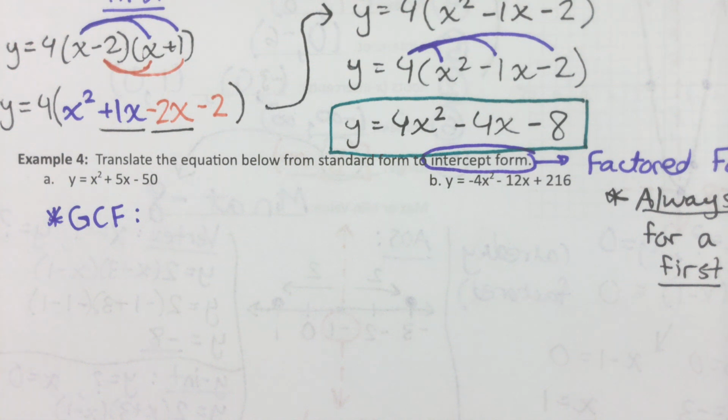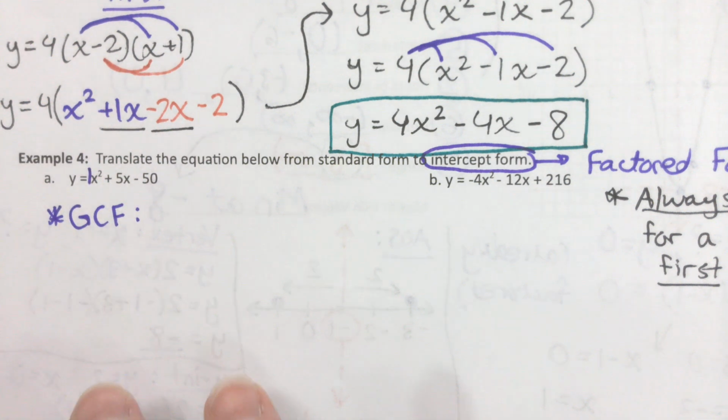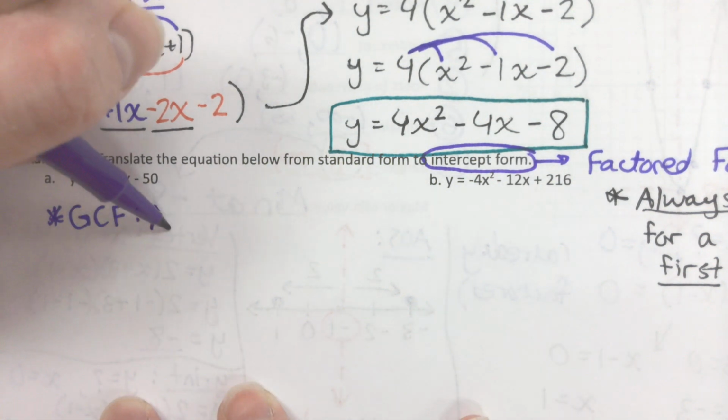Does anyone see what that is? Yeah. The x squared, the number in front of that is a 1. Anytime you see that, you don't have a GCF because its GCF would be 1. The only other thing to look for is if 50 has an x, then we could pull that out. We don't have that. So, no GCF. So we're going to write none.